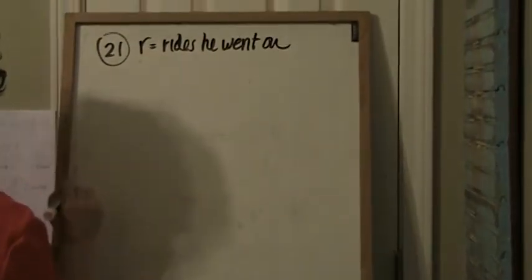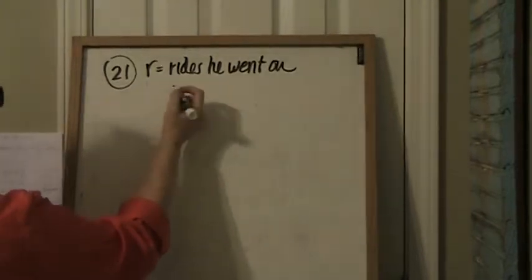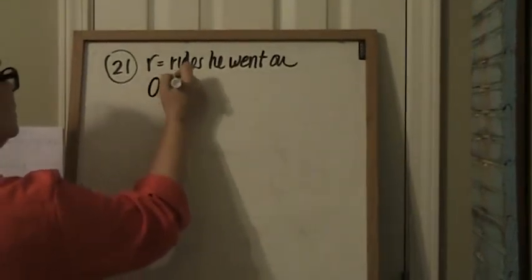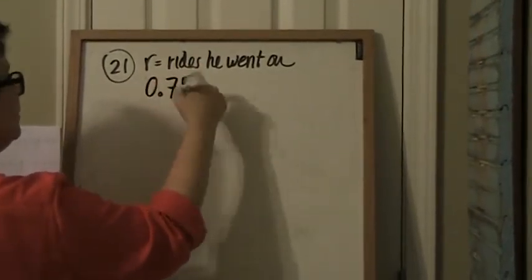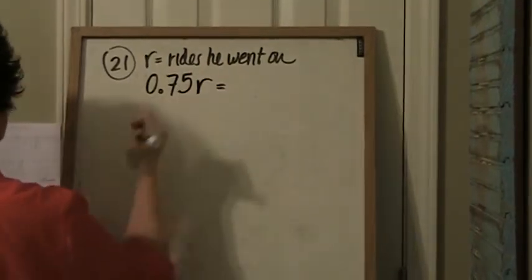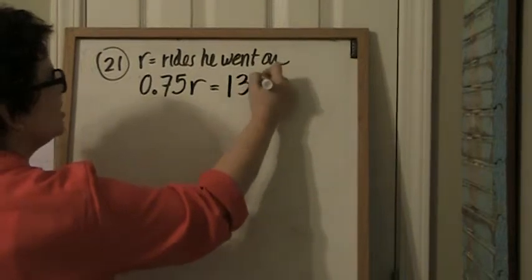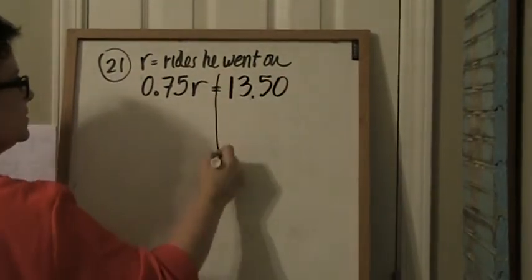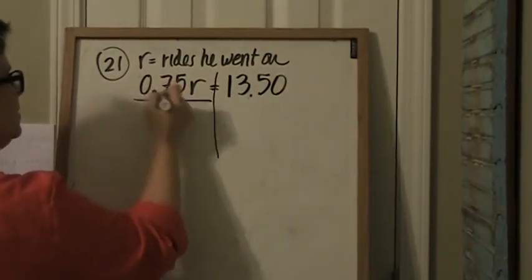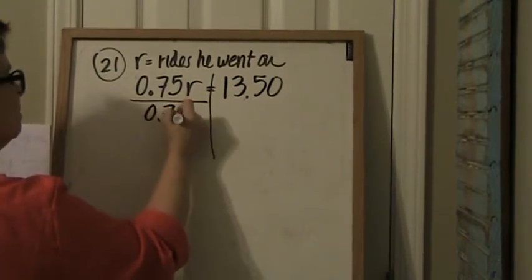Okay, so if each ride costs 75 cents, 75 cents times however many rides he goes on is going to be equal to his $13.50. Okay, that means multiply, so we're going to divide.